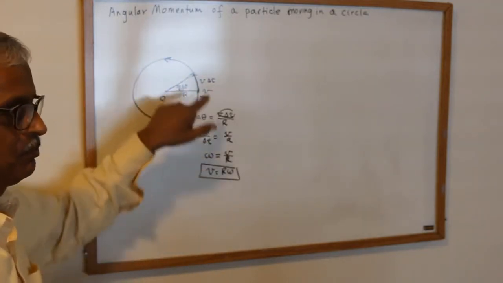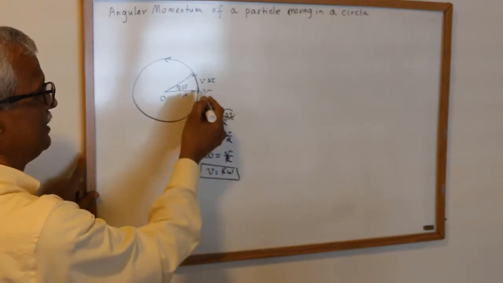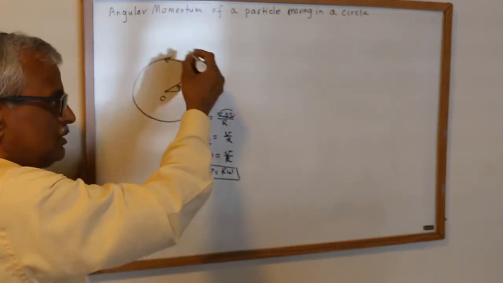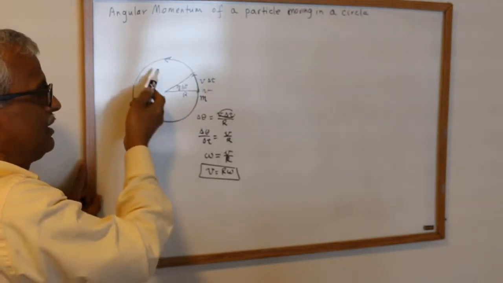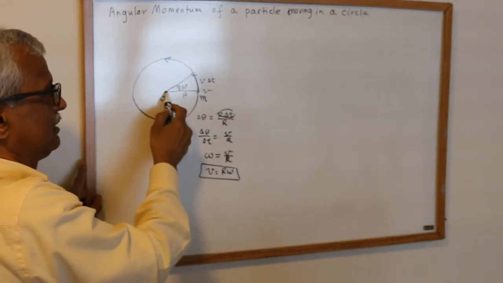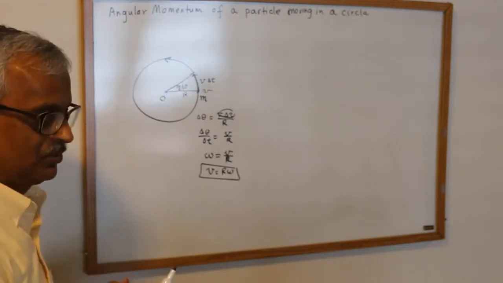So this is one thing about things moving in a circle. The speed with which the thing is moving and the angular speed, the subtended angle, are related to each other.